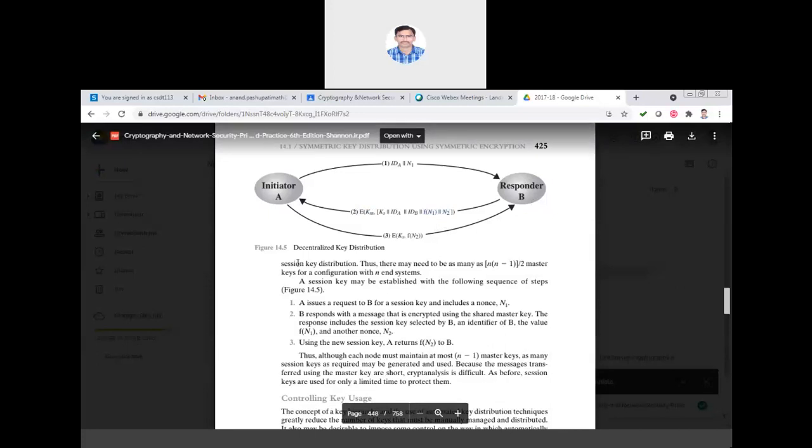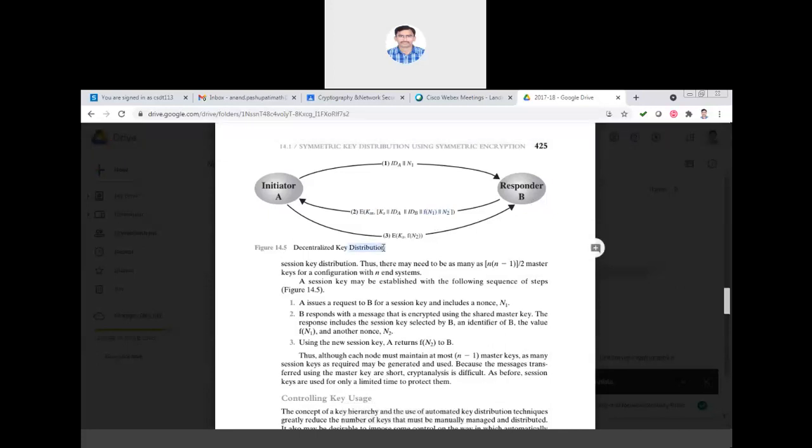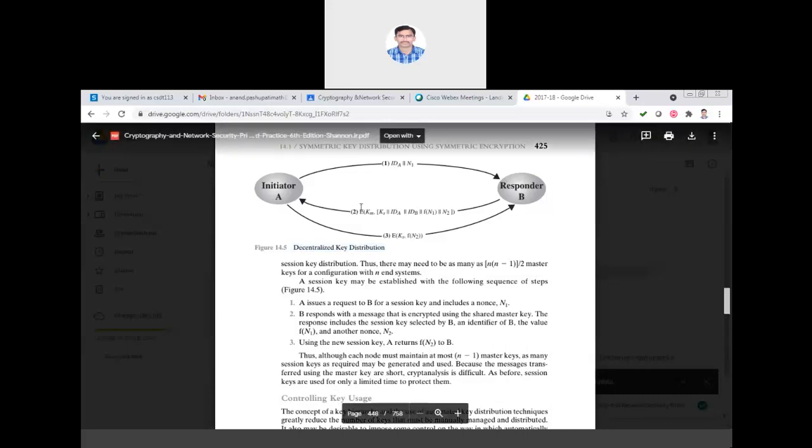So that is the concept of decentralized key distribution. Please do remember this method. Whenever we are asked to explain decentralized key distribution, you need to explain the process which won't take the help of a third party. Only two roles, A and B, and how the session key is exchanged between those two entities. That you need to explain as the process of decentralized key distribution.